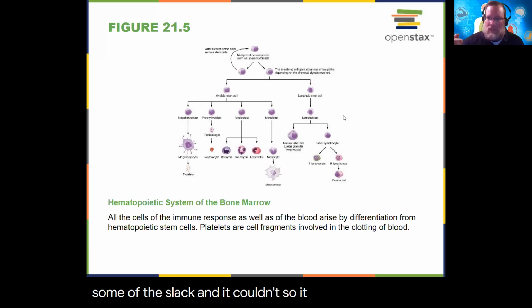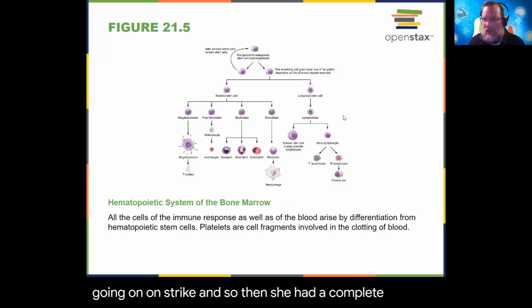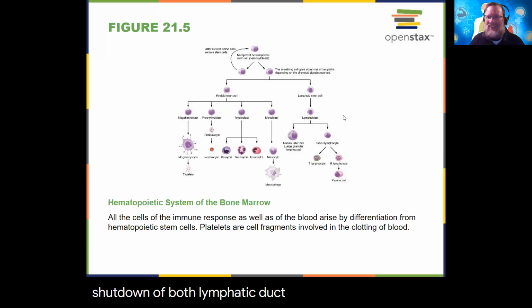So it autoimmuned itself into going on strike. And so she had a complete shutdown of both lymphatic ducts, all because of a T-bone shot. She could never get it healed. It never repaired. By the time she got to us, she was an amputee, both legs above the knee, both arms above the elbow, and it happened 2 years before that. So that's how fast things can snowball.